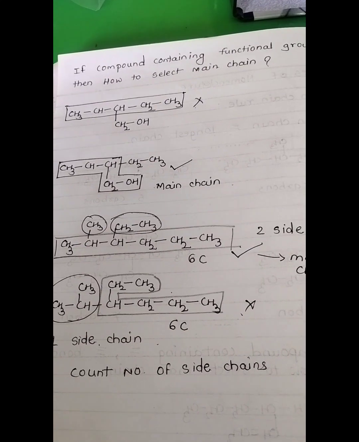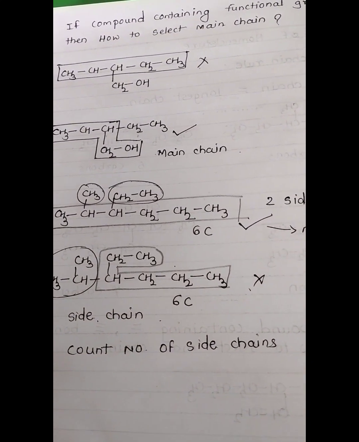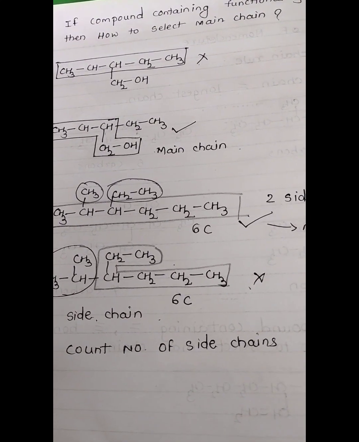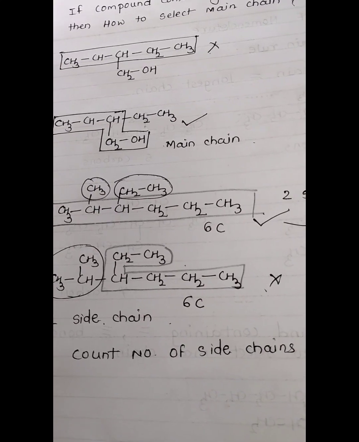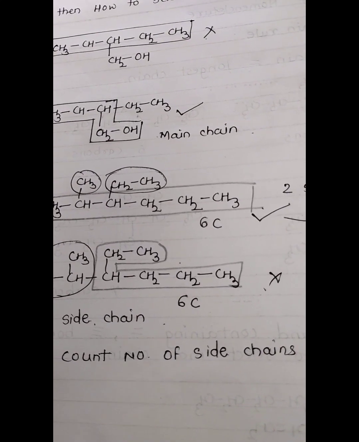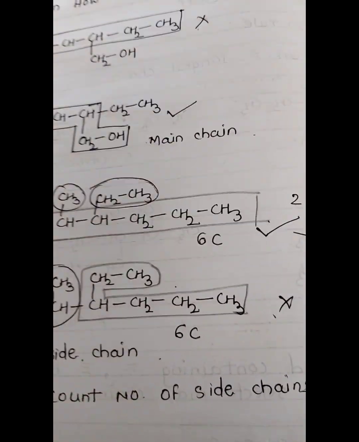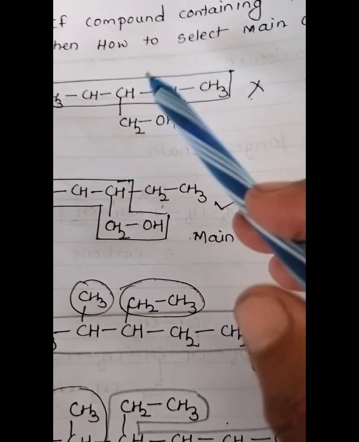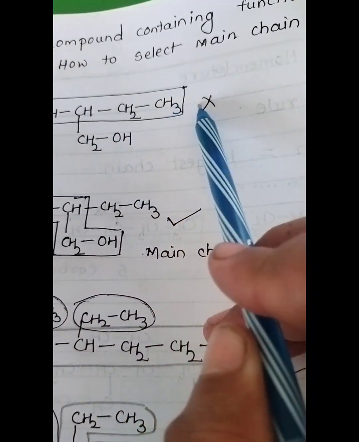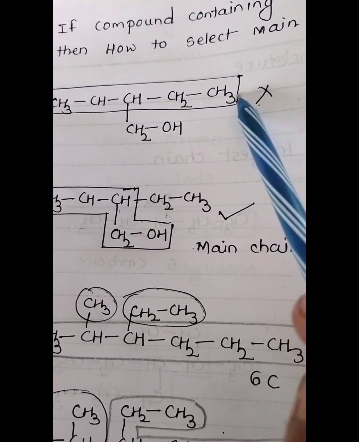The next step is, if the compound contains a functional group, then how do we select the main chain? Similarly to a carbon-carbon double bond or triple bond, our main chain containing the functional group is necessary. So in this example, if we select this way, CH3 CH CH CH2 CH3, this is our main chain.